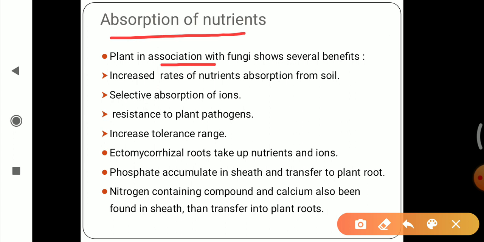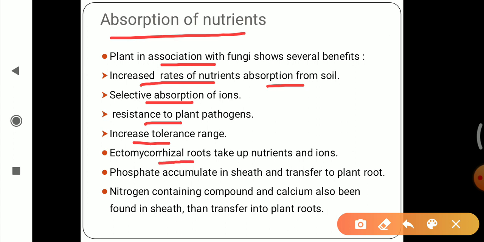When there is an association between the plant's roots and the fungi, there is an increased rate of nutrient absorption from the soil, selective absorption of iron, and resistance to plant pathogens. Plants will get resistance towards pathogens, which shows an increased tolerance range.